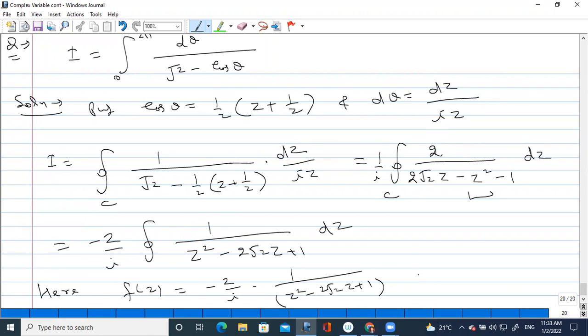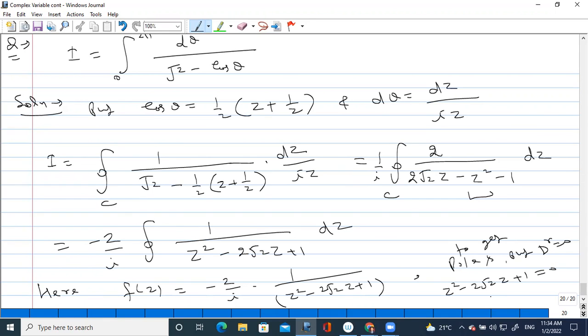To get the residue, first I need to find the poles. To get the poles, just put the denominator equal to 0. So your denominator is z square minus 2 root 2 z plus 1 equal to 0.